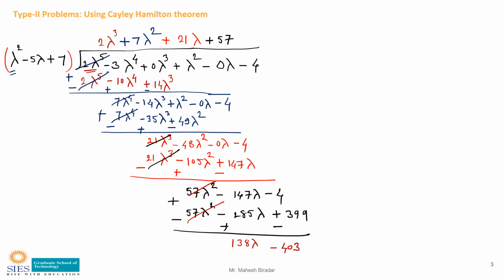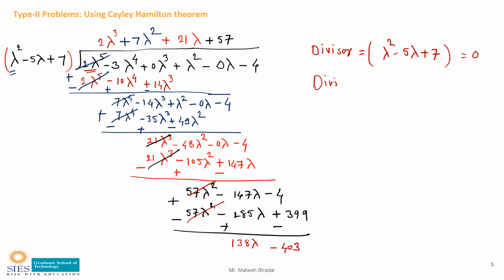So we know that just now we have explained, the divisor part is lambda square minus 5 lambda plus 7, and we know that by the characteristic polynomial its value is also 0.